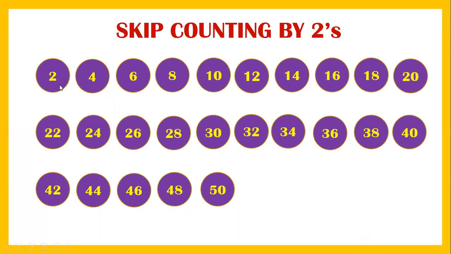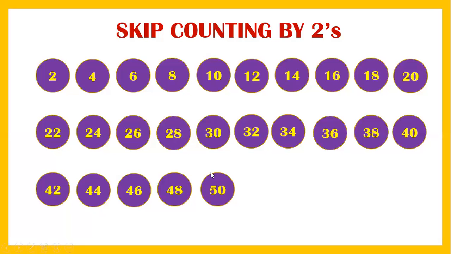Okay, class, count with me. 2, 4, 6, 8, 10, 12, 14, 16, 18, 20, 22, 24, 26, 28, 30, 32, 34, 36, 38, 40, 42, 44, 46, 48, 50. So these are the numbers from 2 to 50 by skip counting by 2.